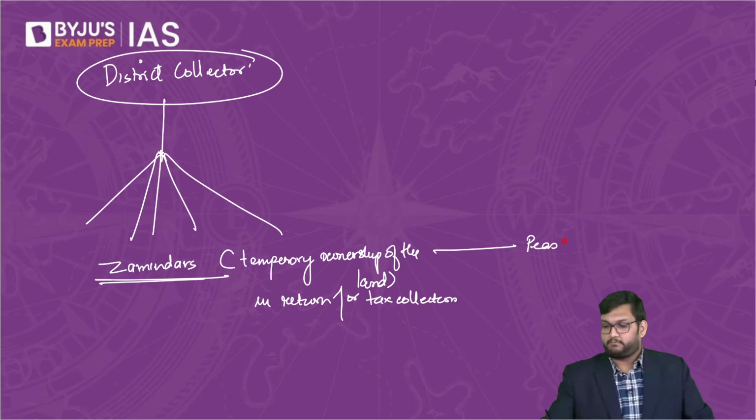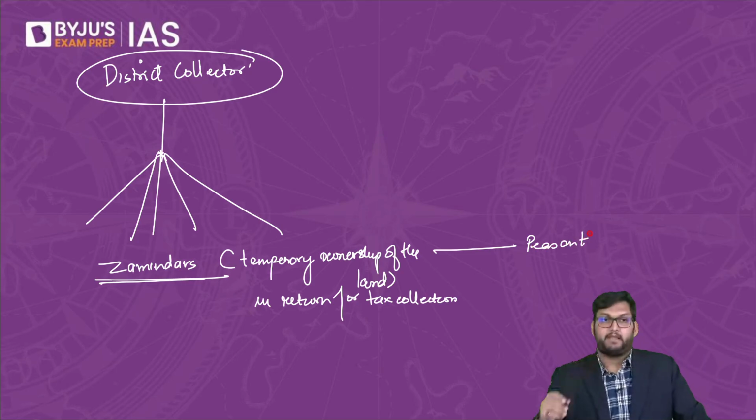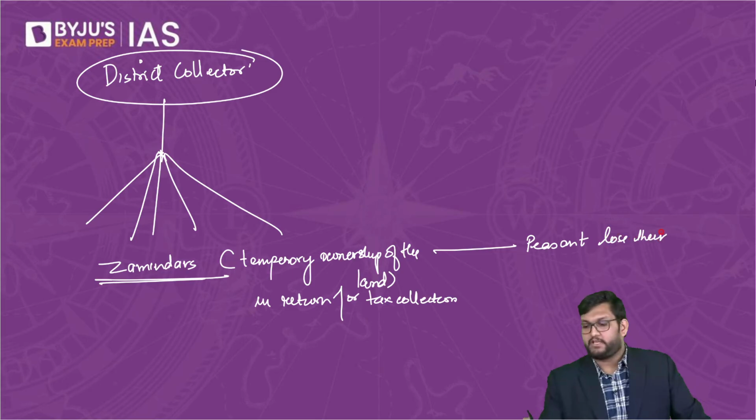Peasants, I'll tell you why temporary. Peasants lose their right to ownership.